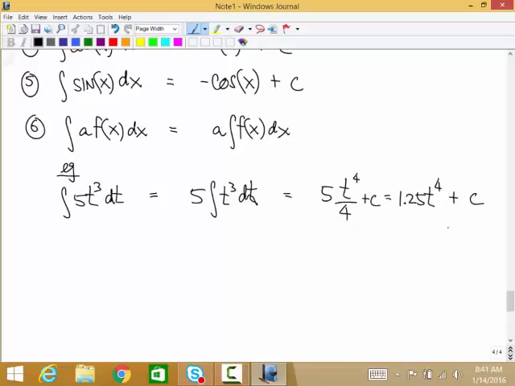C is random, and so you could think of it like this. What I did in shorthand is say 5 times t to the 4th over 4 plus C1, and then renamed, so we had t to the 4th over 4 plus 5C1. C1 is arbitrary. Let's just call 5C1 equal to C, and then it all makes sense.